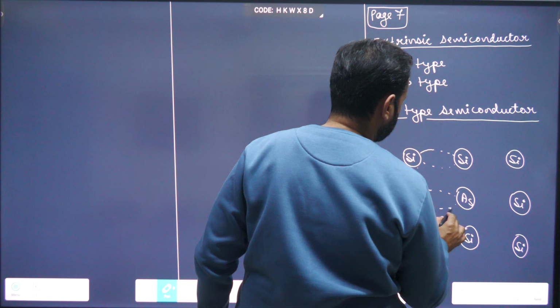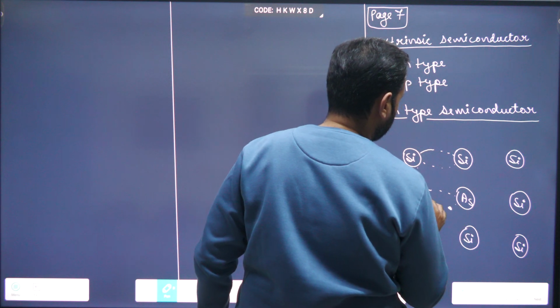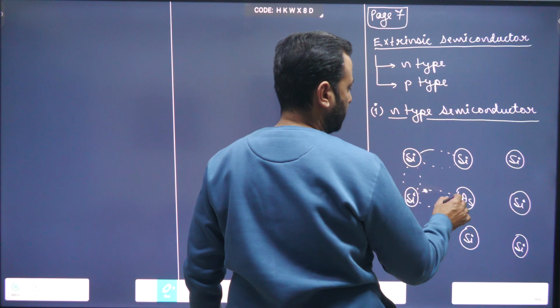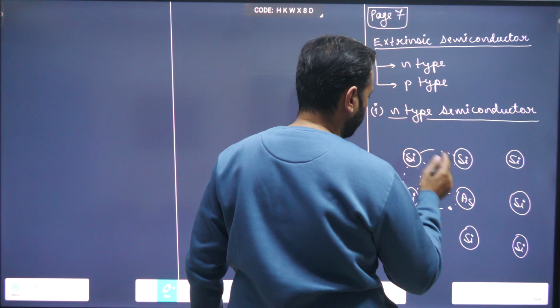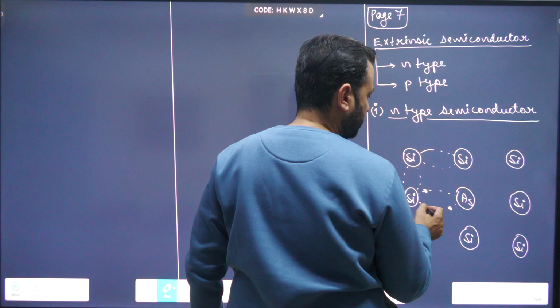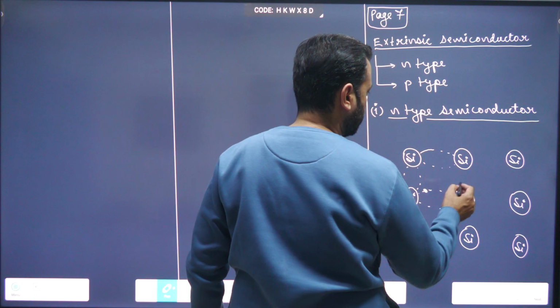It means that silicon is sharing its one electron with this arsenic, and this arsenic is sharing its one electron with this silicon.